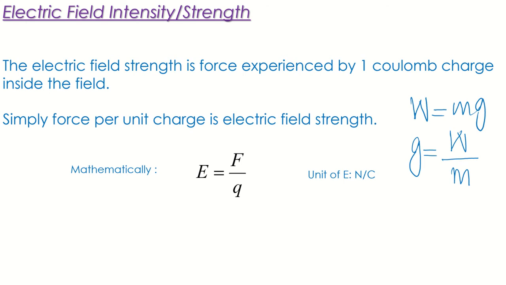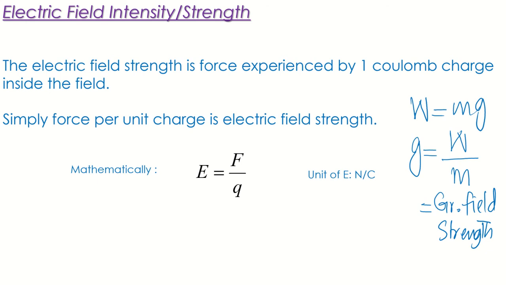So gravitational force per unit mass is the gravitational field strength. So g is the gravitational field strength because the gravitational force acts on masses. So a field is defined as the force per unit mass.